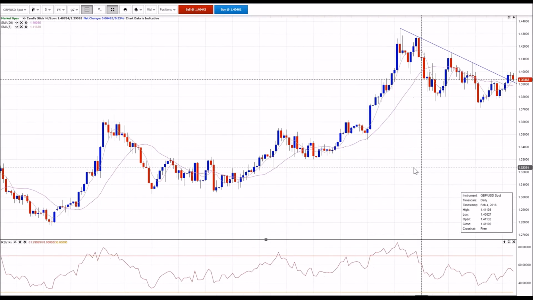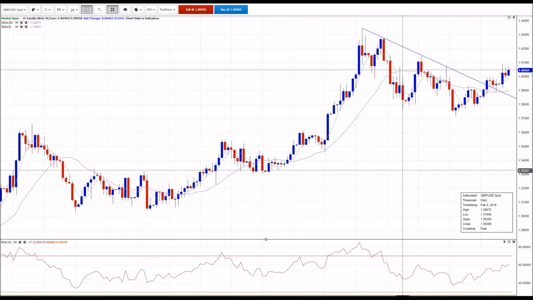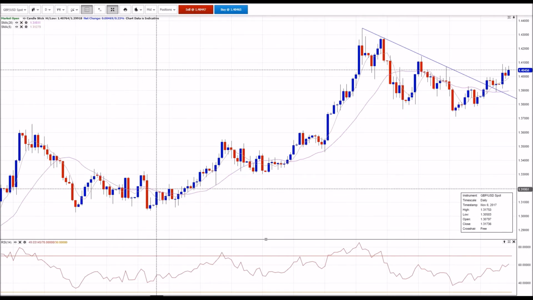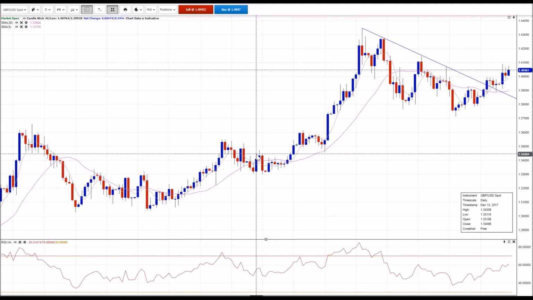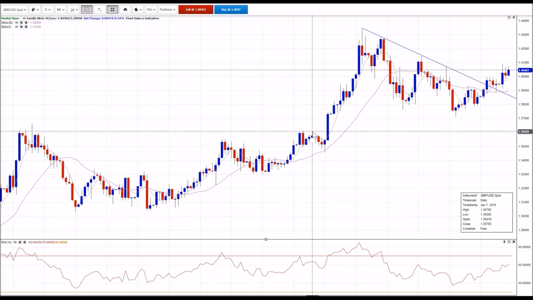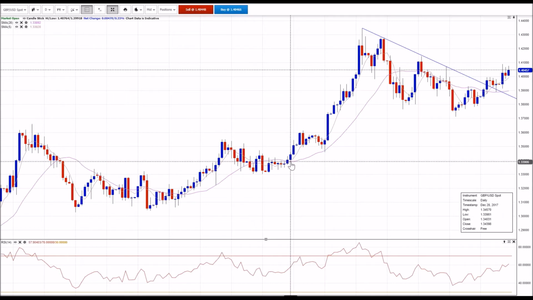So what people will try and do to filter out some of the choppiness, it doesn't get rid of it completely, but it does help quite a bit, and it would have helped back here. Rather than trading when the price crosses above the moving average, they look for the quicker moving average, in this example the 5-day, to move above the slower.